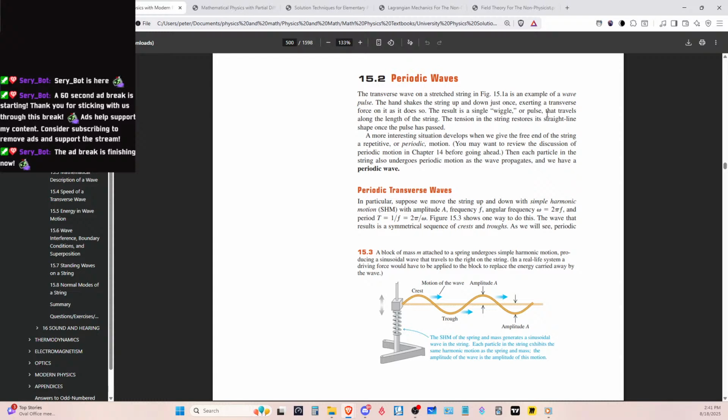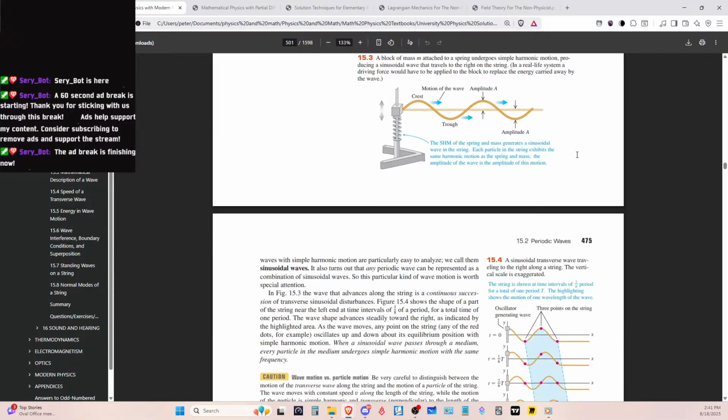Result of the wiggling. Each particle in the string also undergoes periodic motion as the wave propagates, and we have periodic waves.